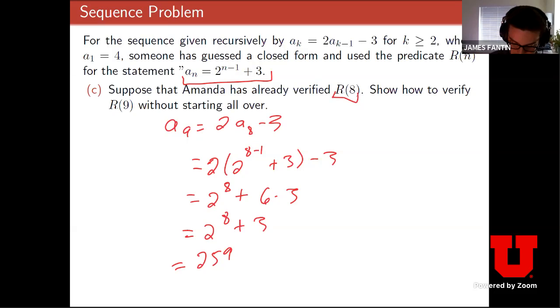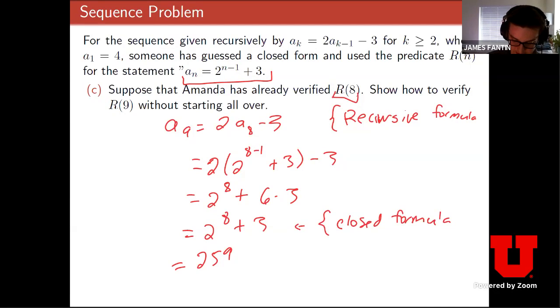What I want you to notice here is that we started with the recursive formula, which we know to be true. And what did we end up with? We ended up with the closed formula, 2 to the 8 plus 3, and the value holds. So this is how we can verify that R9 is correct.